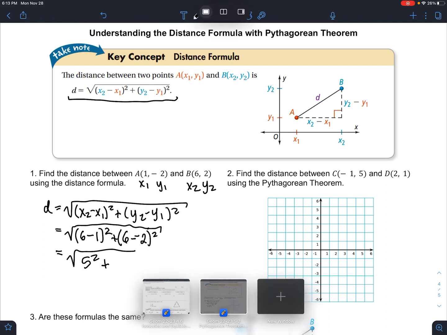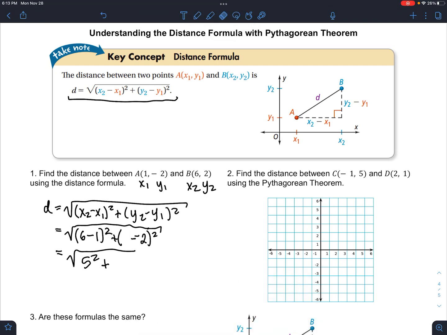I think I made a mistake. I always make a mistake with this. I'm sorry. y2 is 2. So this is actually going to be 4 squared. You guys with me? So this is 25 plus 16. So it's the square root of 41, which cannot be simplified.